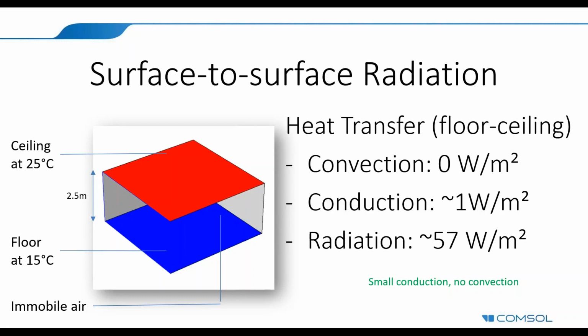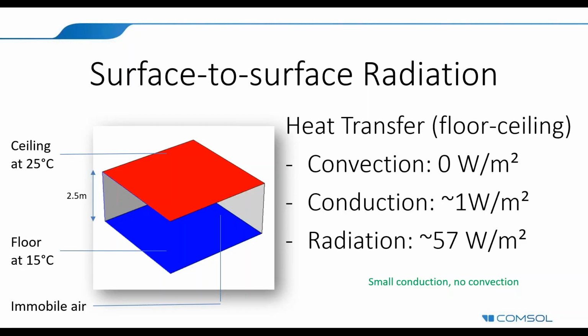Due to that, you will not have any natural convection, so the air will be immobile, provided you don't have any fan or something like that. Then you can quite easily estimate the heat transfer by convection. It's zero because there is no motion. By conduction, you know that air is a very poor conductor, so it's less than 1 watt per square meter that is exchanged between the floor and the ceiling.